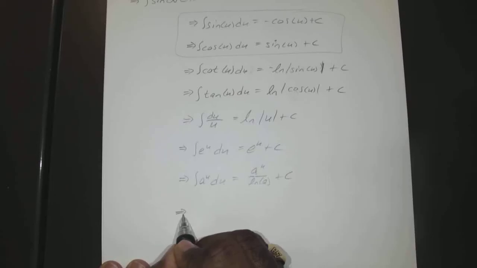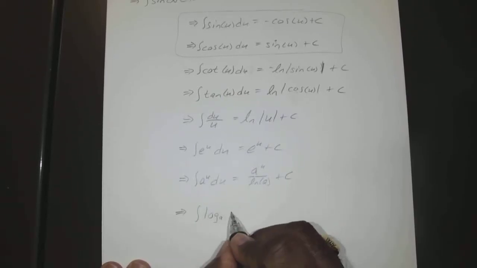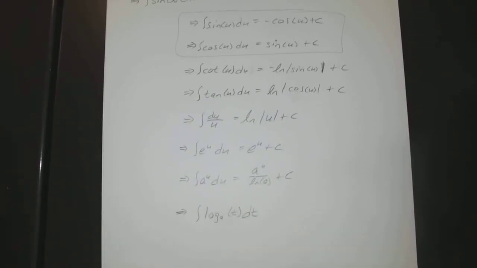And our logarithm, the integral of log base a. In this case, it's t because they really didn't have any u values there. So you can put u, actually we'll put u, just in case, because you can always set it equal to t. It's natural log of a.